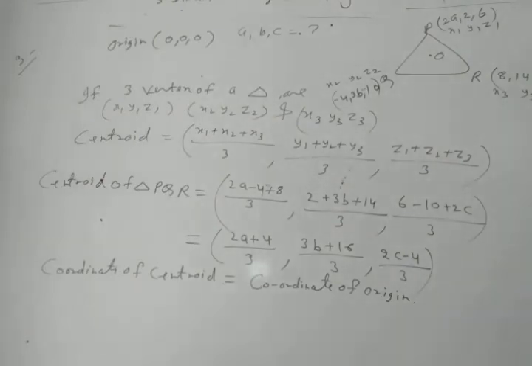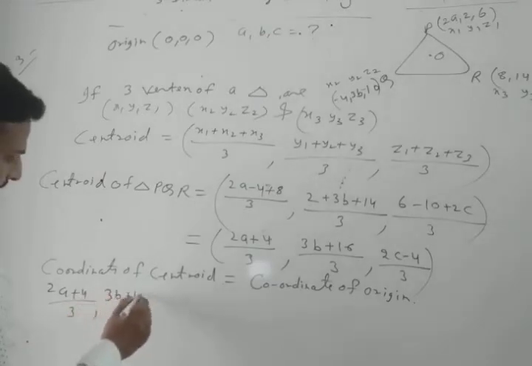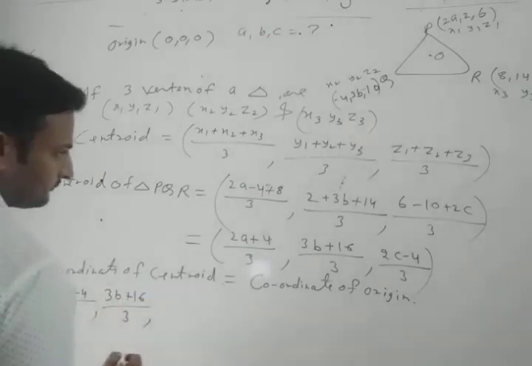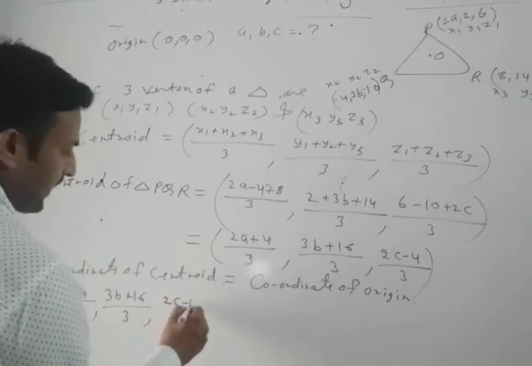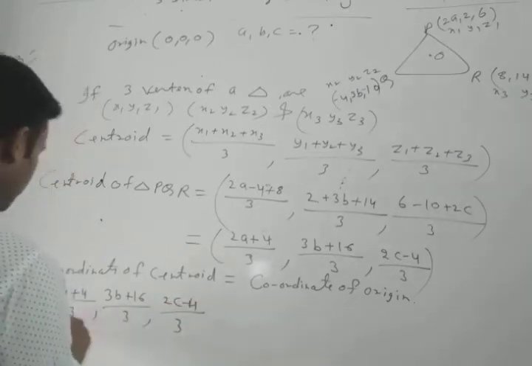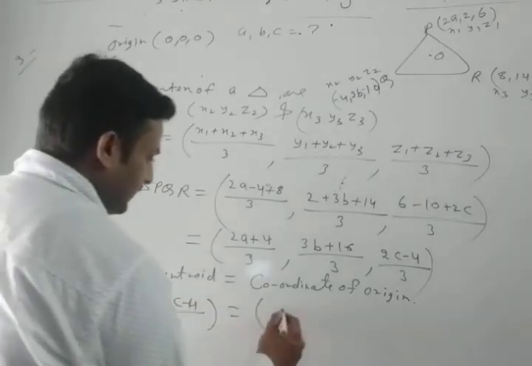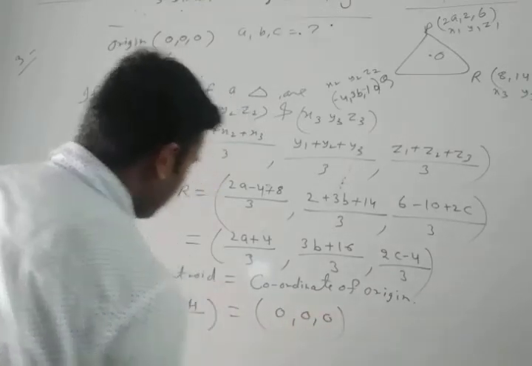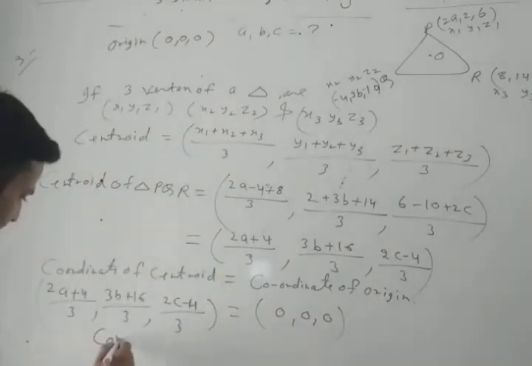Now compare (2a plus 4 by 3, 3b plus 16 by 3, 2c minus 4 by 3) and right hand side (0, 0, 0). Now comparing.